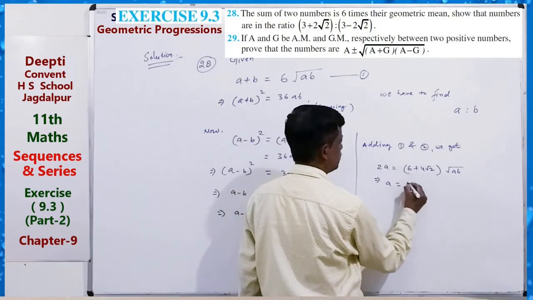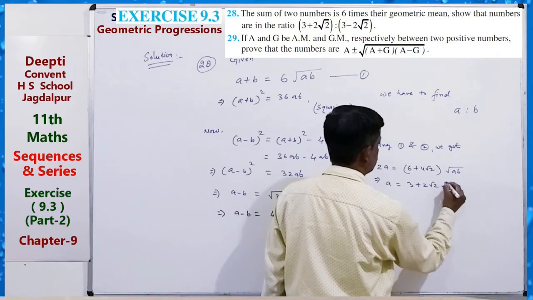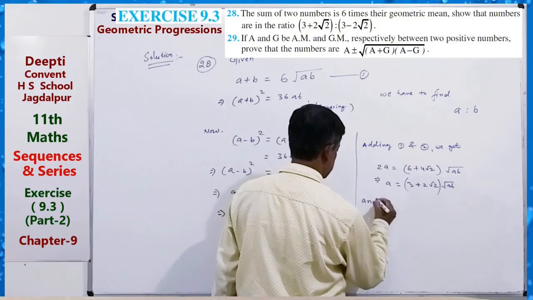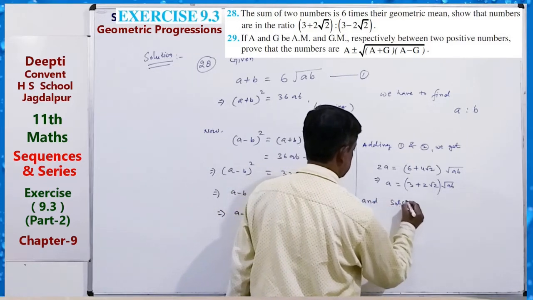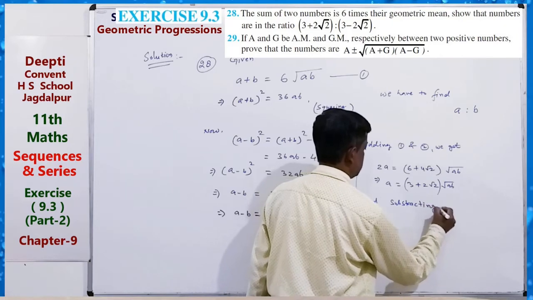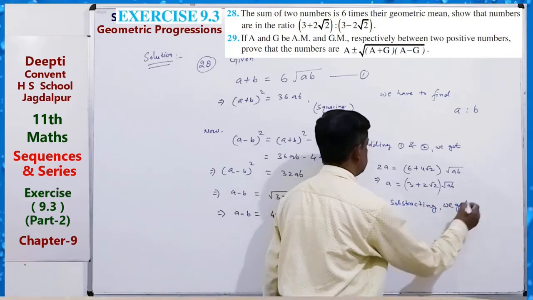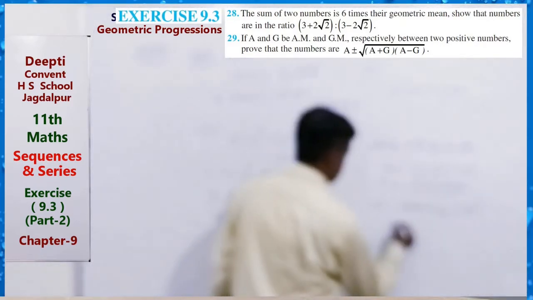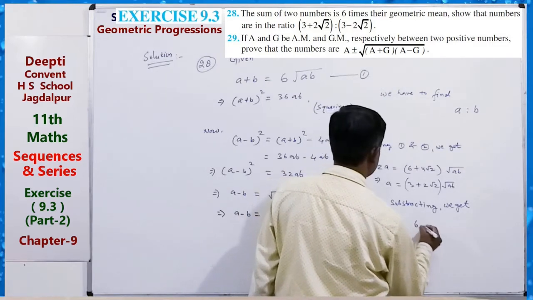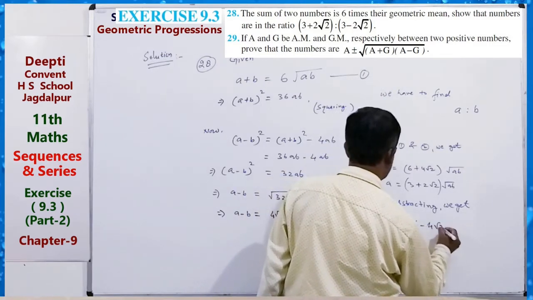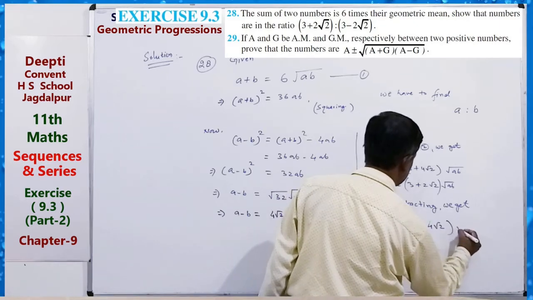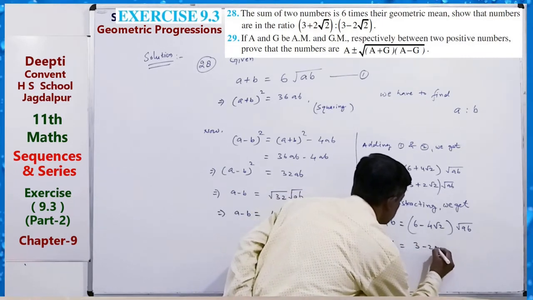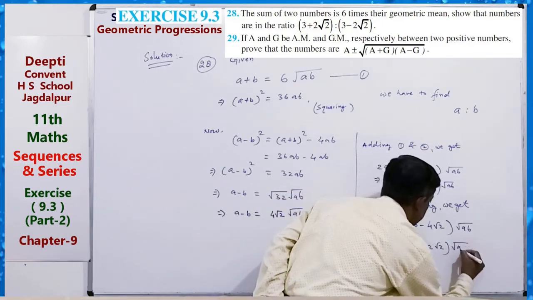So a equals 3 plus 2 root 2 root ab. And subtracting, just subtract this minus this, 2b equals 6 minus 4 root 2 root ab. So here also b equals 3 minus 2 root 2 root ab.